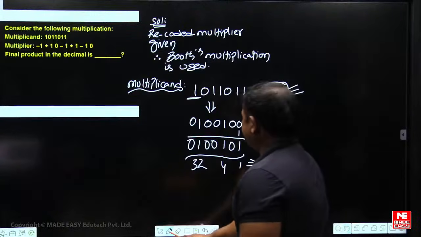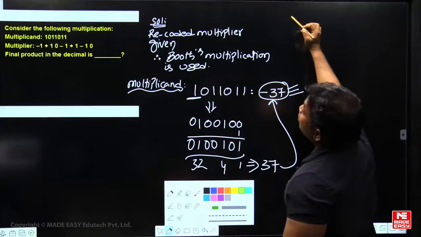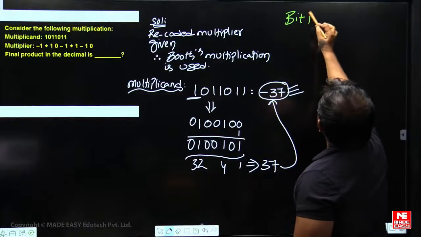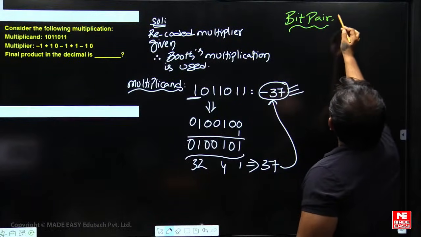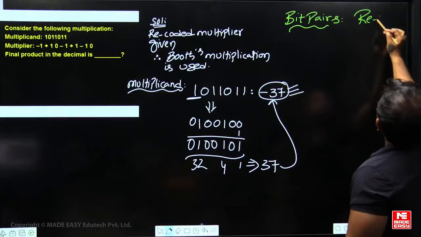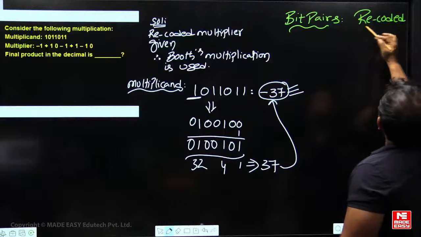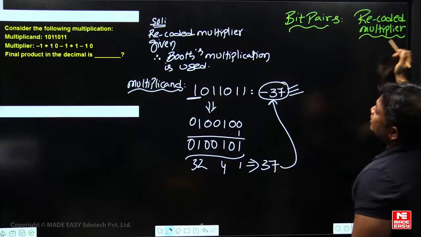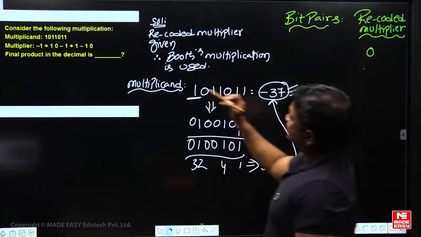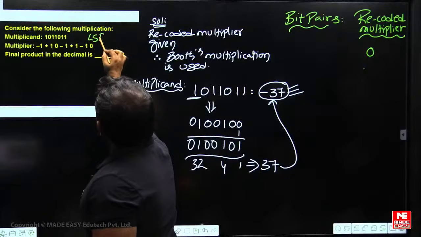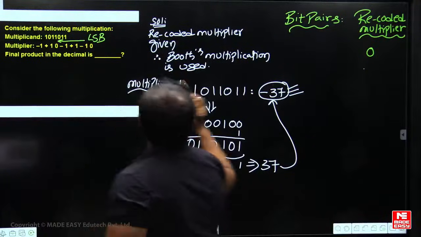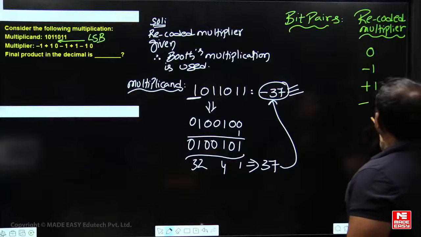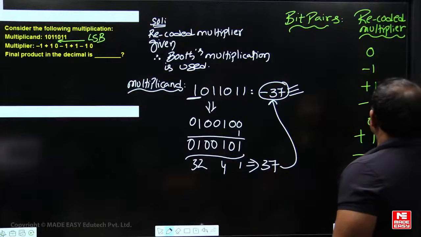Multiplier. Recoded multiplier given. Bit pair please. Recoded multiplier is already mentioned. So what is the recoded multiplier? Starting from LSB: 0 1 plus 1 minus 1 0 plus 1 minus.